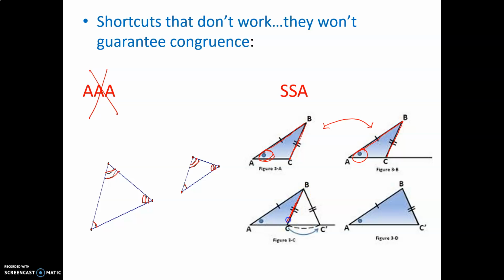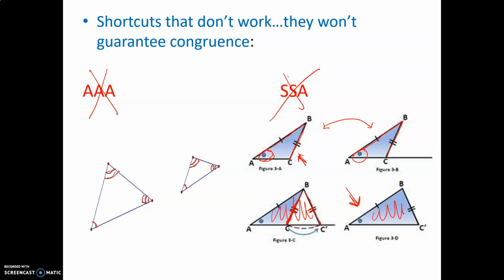I can take this side and keep it the same length and just move it over here with the same length, and look what happens. When I move it over there, this becomes my new triangle. So the original triangle here does not look like this triangle here. So SSA will give you two triangles, not just one congruent triangle. So SSA does not work either. And the video also gives you an explanation of that.